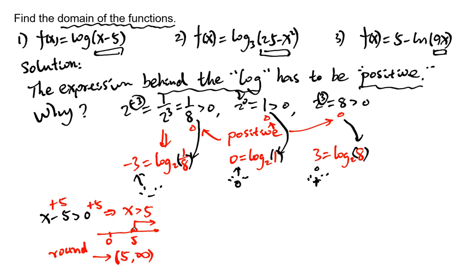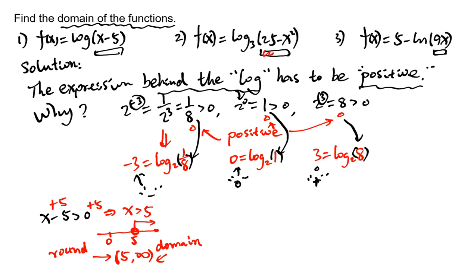For the round bracket, we use an empty circle to exclude 5. Similarly, this will be the domain. So this is the domain, from 5 to infinity.